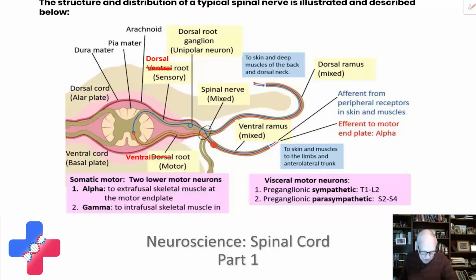And what this sensory highway is bringing into the cord is all of the peripheral sensory information collected by the spinal nerve systems. And you remember out here in the periphery, here in this blue box, in skin and muscle, there's a network of receptors that are functional in receiving this sensory information. From skin, you've got touch and vibration, 2-point discrimination, temperature, pain.